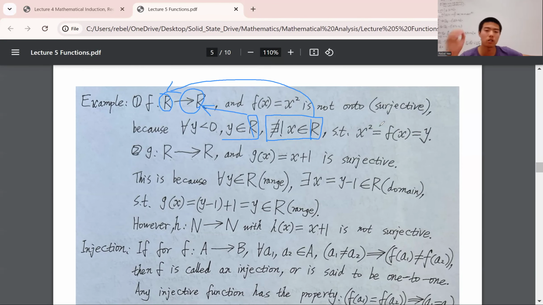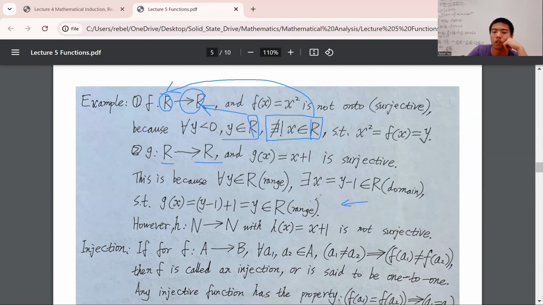And another function may be defined as this one. It also goes from real number to real number, and it's defined as x plus 1. This is surjective because for all y in the range R, there exists one x equal to y minus 1 in the domain R. This is mainly because the real line is infinite.